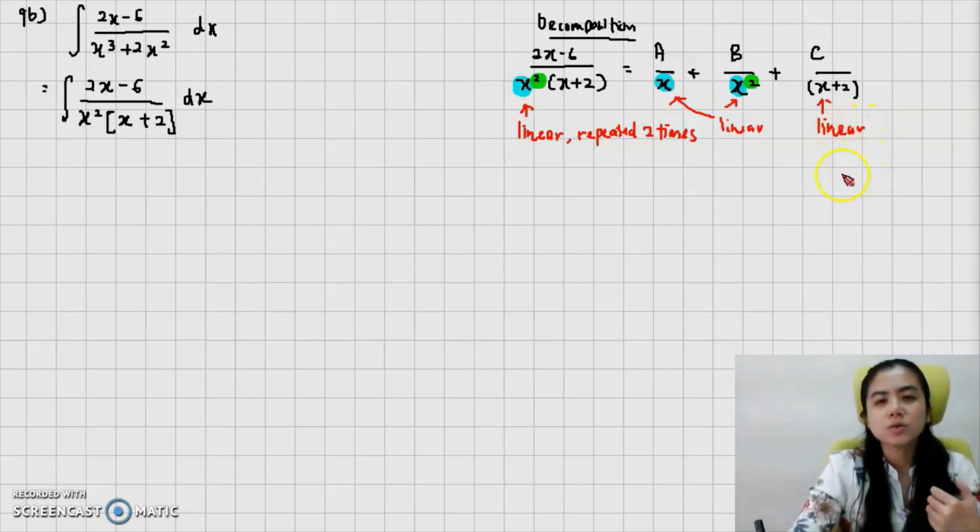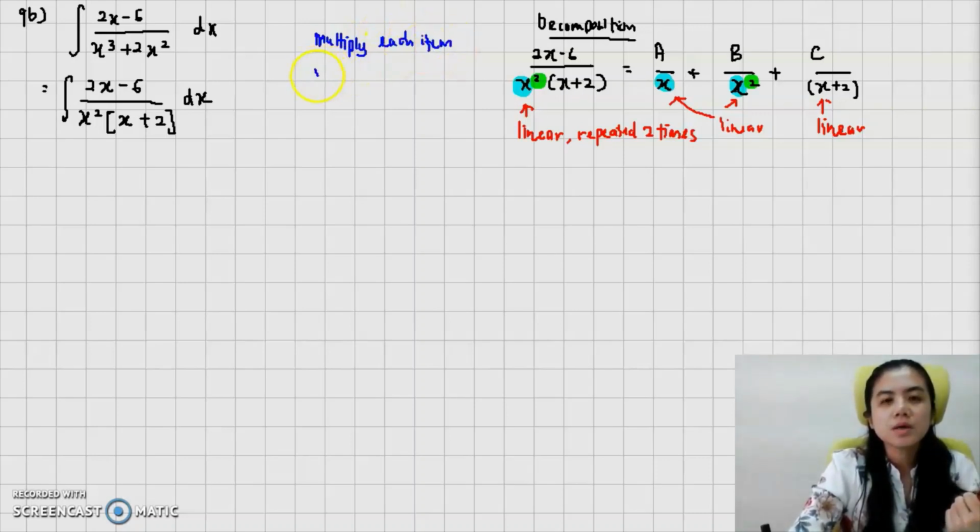When you do that, the next thing is to multiply each of the things that you see here with some factors. With what factors? With these factors, that is x squared, x plus 2, without the brackets.